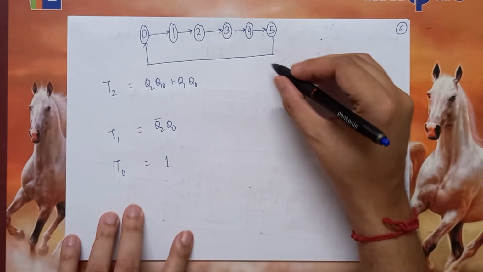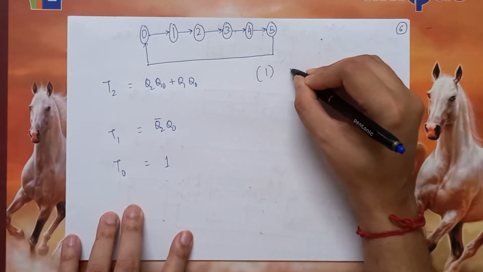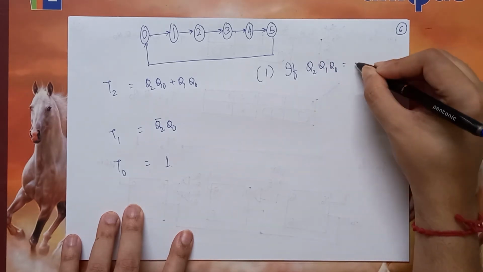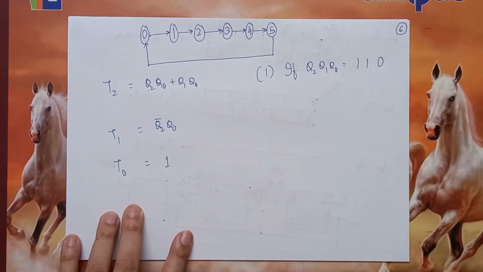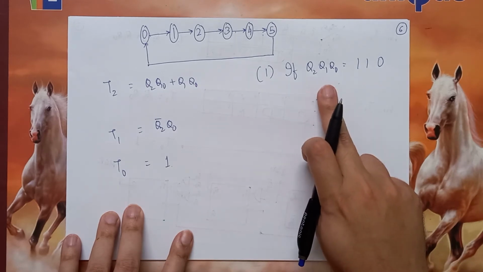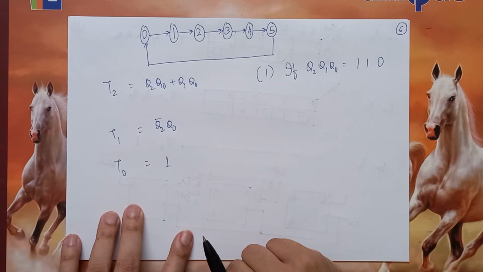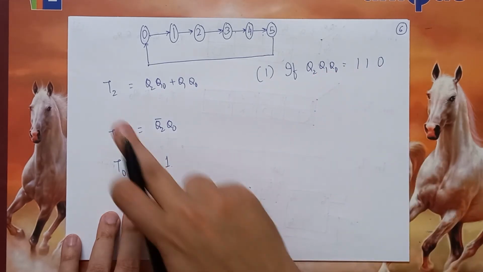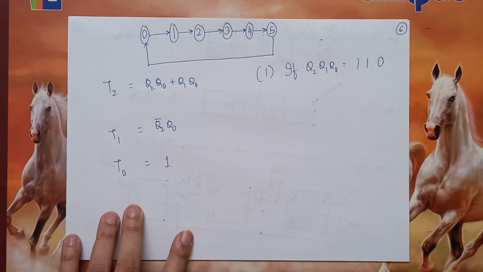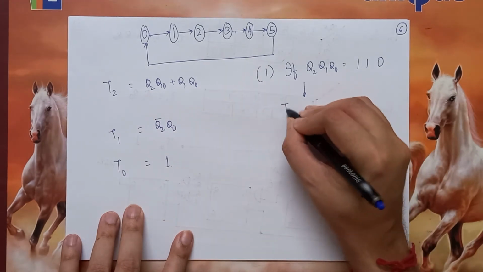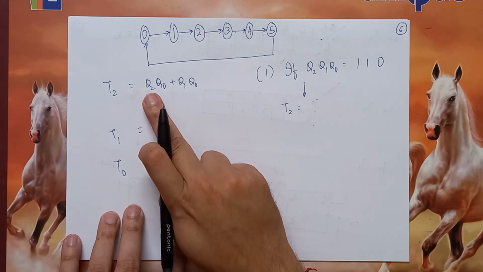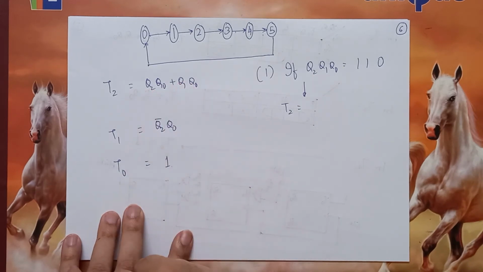Okay. Now suppose, let's take case 1. If the present count Q2, Q1, Q0 becomes 6, that is 1, 1, 0, that means Q2 is 1, Q1 is 1, Q0 is 0. Then what will be the values of T2, T1 and T0? In this case, T2 would be Q2 Q0 plus Q1 Q0.